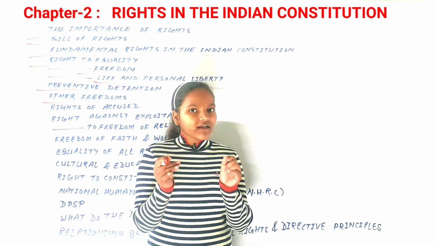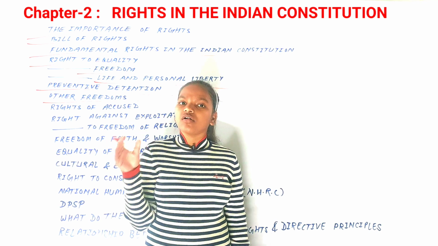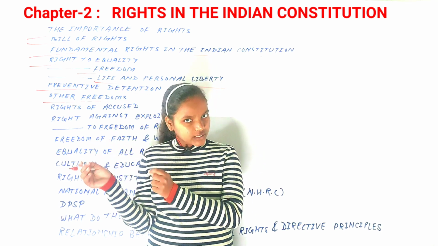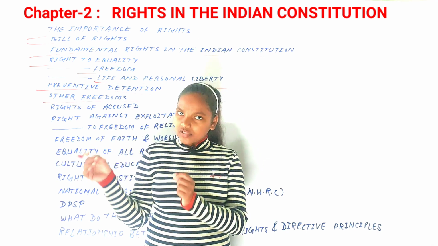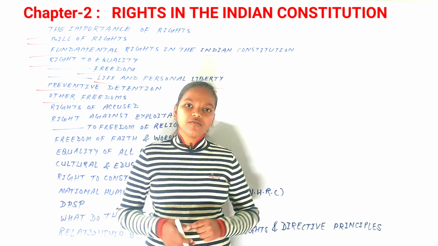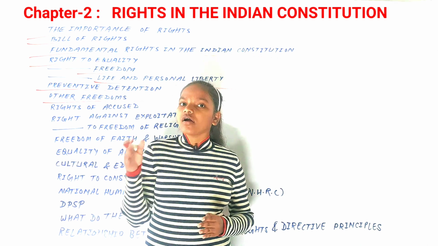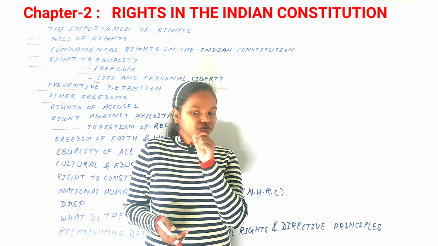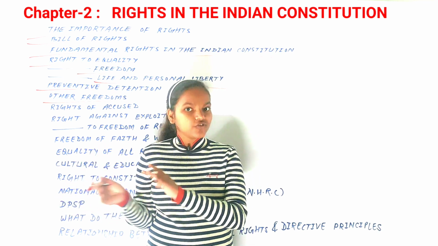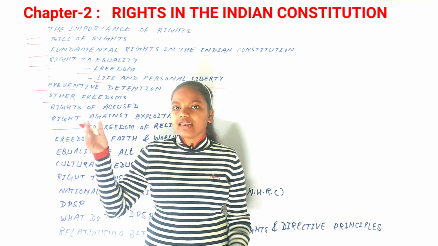Article 19 is about the protection of, and the right of, all citizens to the freedom of, firstly, expression and speech; secondly, to assemble peacefully; thirdly, to form associations or unions; fourth, to move to any part of the country, to go to any territory of the country; fifth, to reside and settle in any part of the country; sixth, to practice any profession or to carry on any trade and occupation.